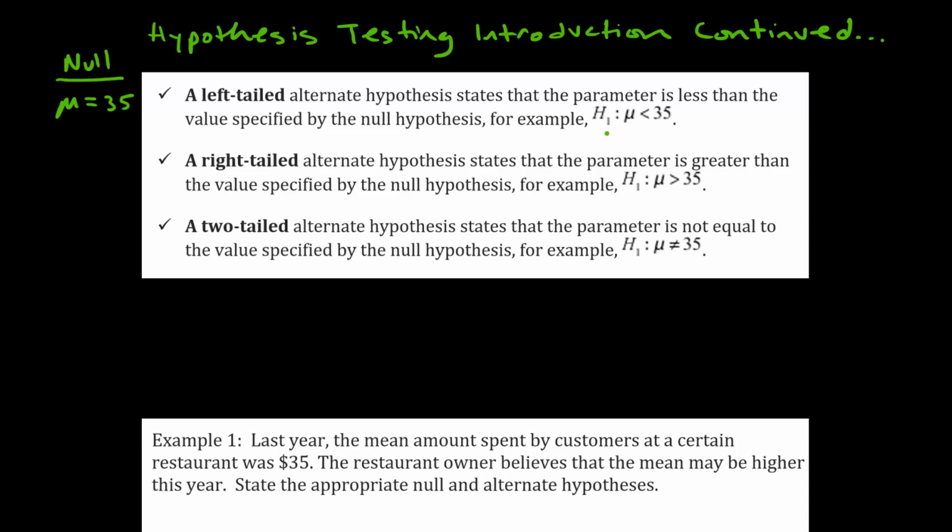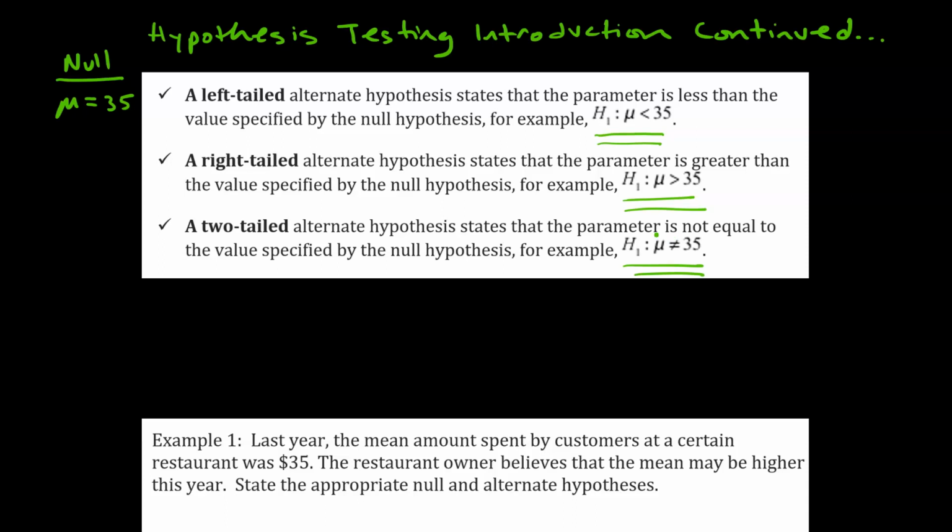You could have an alternate hypothesis that would look like this, where the mean is less than 35. You can have an alternate hypothesis like this one, where the population mean would be greater than 35. Or you could have this one right here, where the population mean is not equal to 35. This is called a left-tailed hypothesis test. This one is called a right-tailed, and this one is called a two-tailed.